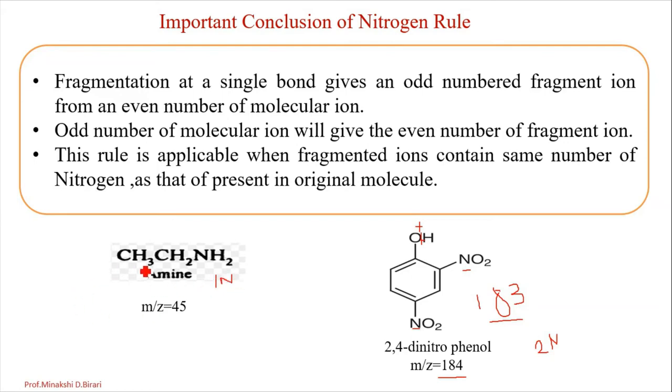Again, energetic electrons are bombarded on this ethylamine, and due to that there is formation of the molecular ion peak, which is observed due to the formation of a radical cation at m/z 45. Here the number of nitrogens is 1, an odd number, and the m/z value is also odd. The molecular ion peak is observed at an odd value.